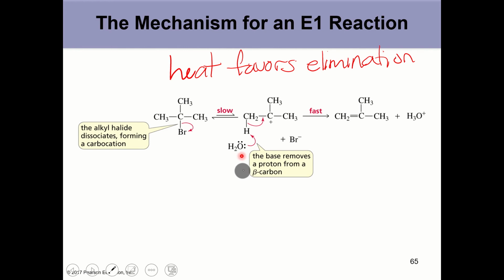So here water is acting as a base, removing a proton, and then the sigma bonding electrons are used to make a pi bond. When this pi bond is made, the positively charged carbon will then have an octet, and we will have our final molecule, a neutrally charged alkene.